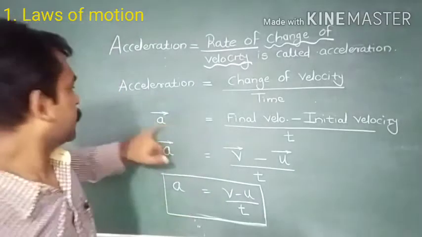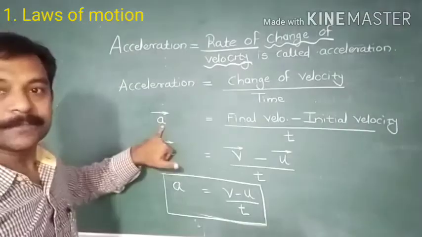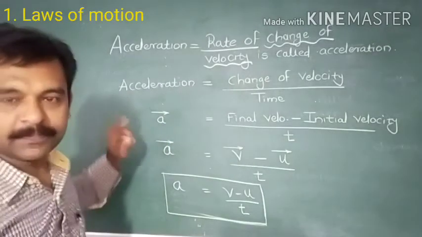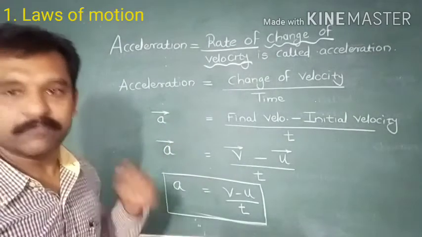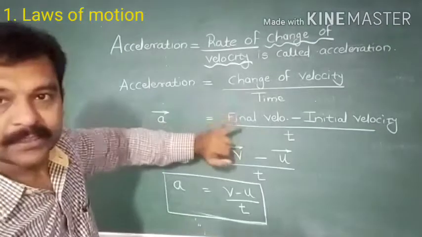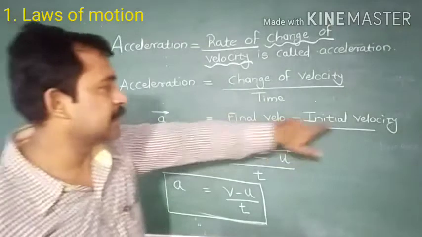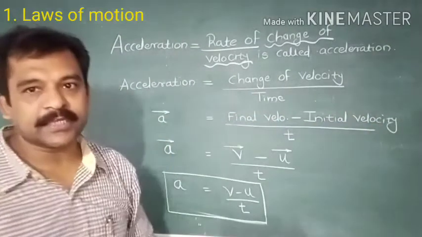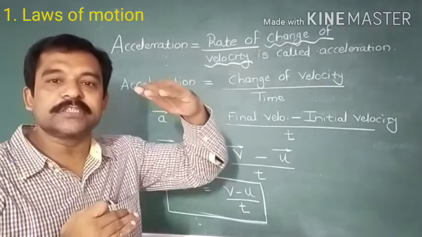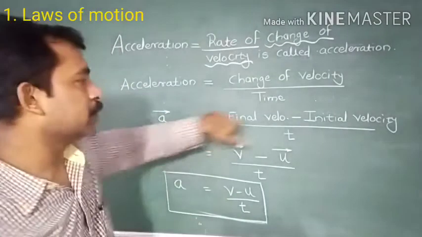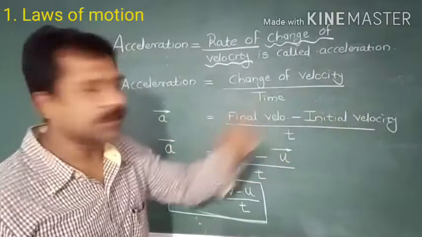So you see, acceleration is symbolized by A, and when I am mentioning an arrow on it, that means you better know it is a vector quantity. Now change of velocity is what? Final velocity minus initial velocity, because as I said, two velocities are there. If you want to see the change, we need to see the difference between them. So final velocity minus initial velocity is the change of velocity.